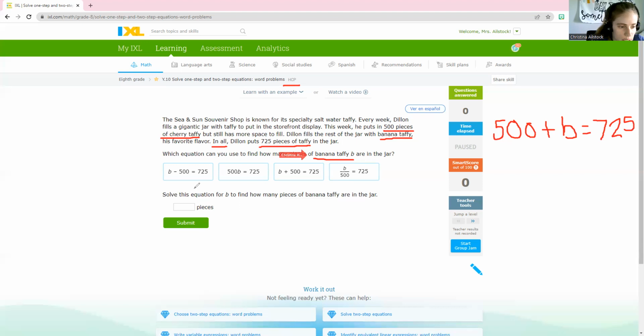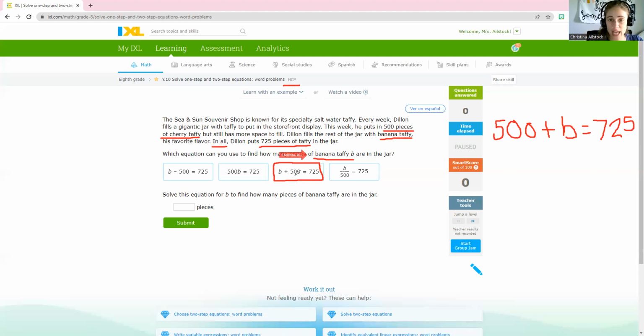So is that an answer choice we have here? Oh, look, it is. The only difference is they put their variable first, but because it still matches with your positive signs, it's the correct choice. B plus 500 is the same as 500 plus B. It's that commutative property where 2 plus 3 equals 5, but 3 plus 2 also equals 5. You can switch them around and it's still the same answer.